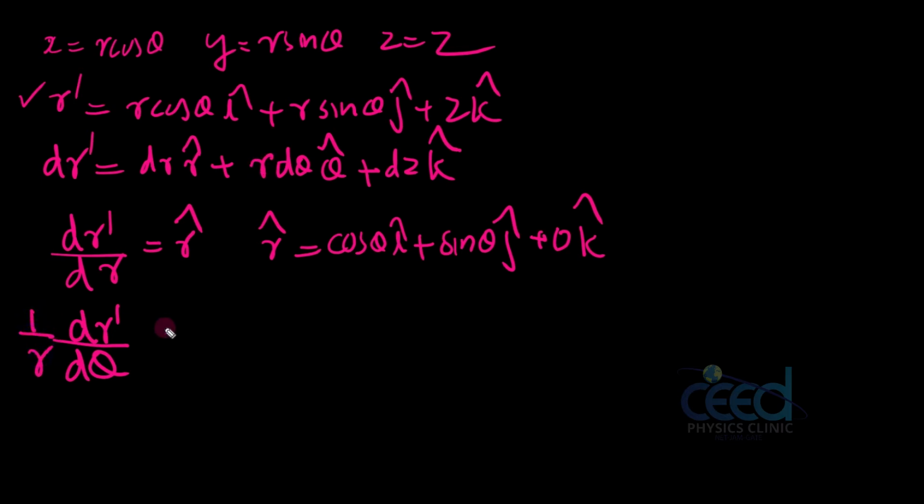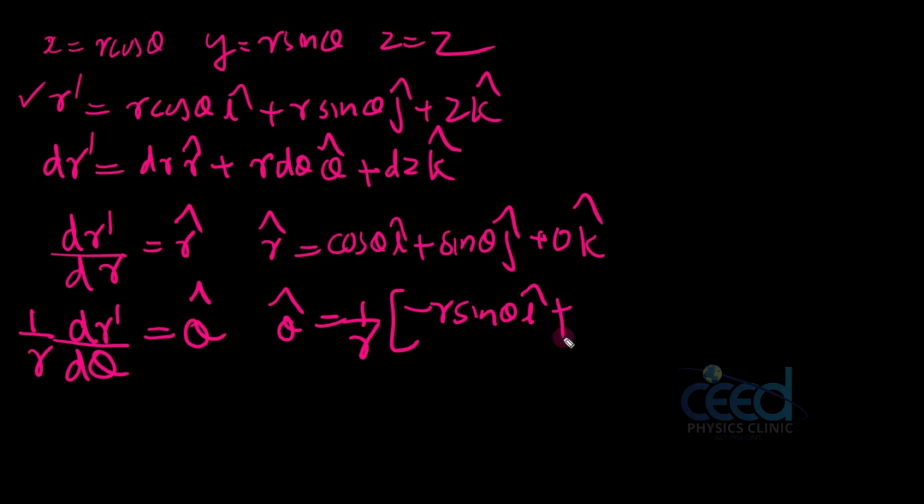So 1 by r dr' by d theta is equal to theta cap, and the dr part will be 0 because there is no theta variable there. So theta cap is equal to 1 by r into minus r sin theta i cap plus r cos theta j cap plus, with respect to theta, there is no variable in the z term, so 0.